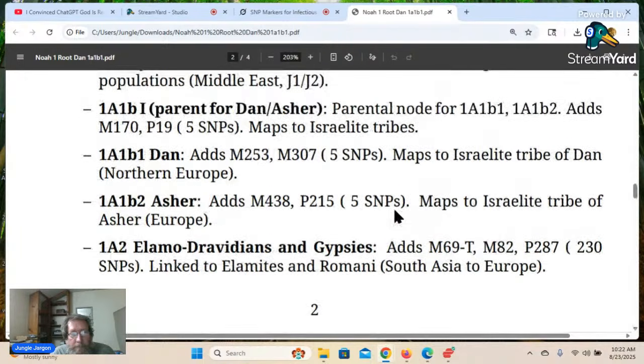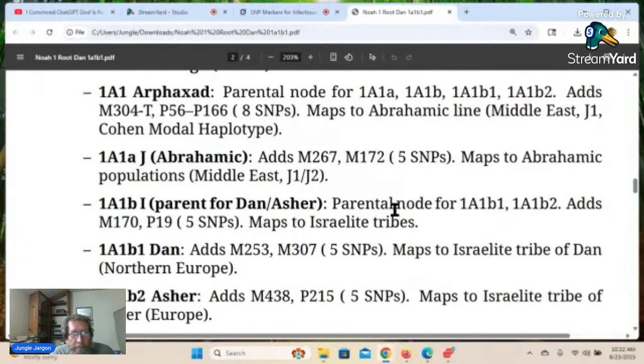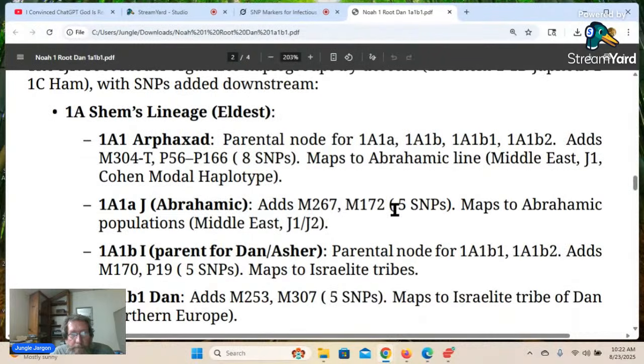It uses Noah's root genome, no SNPs, alleles like M523T, M168T, M89C, to map Y-DNA haplogroups to historical migrations and civilizations. Here's how it fits with known historical records, focusing on genetic, archaeological, and biblical alignment.